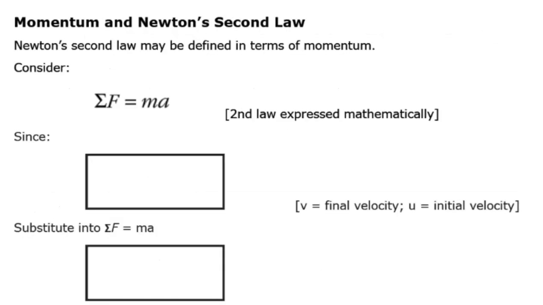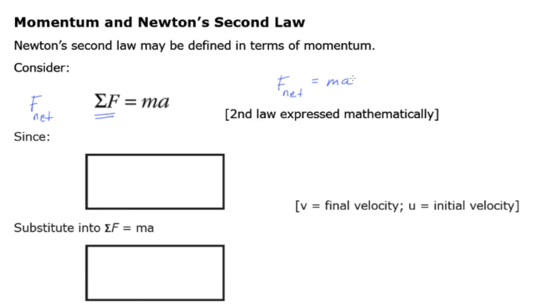So now we're going to look at using Newton's second law to derive the relationship between the net force and momentum. The net force can also be written this way, and that's how it is in the syllabus. This is Newton's second law written mathematically.